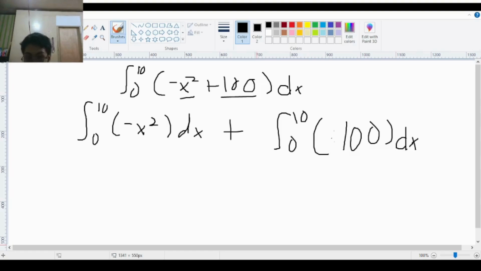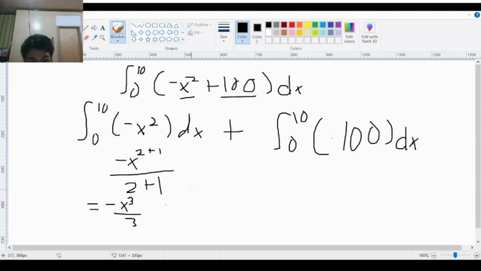So the rule for integrating x squared is to increase the power by 1 and divide by the new power. So it is like this. Let's take negative x to the power of 2 plus 1 over 2 plus 1, which is equals to negative x cubed over 3.